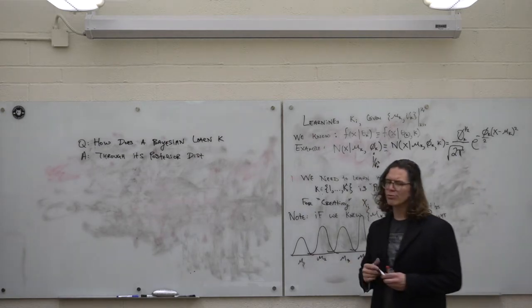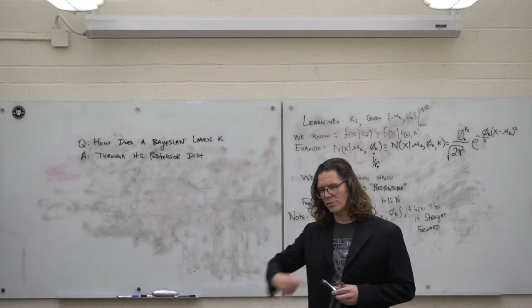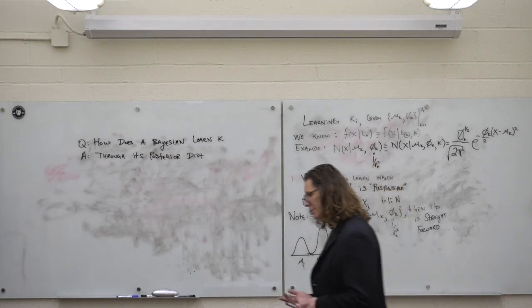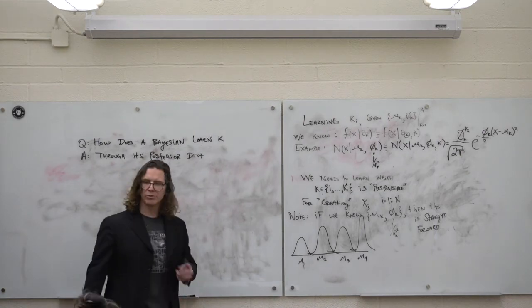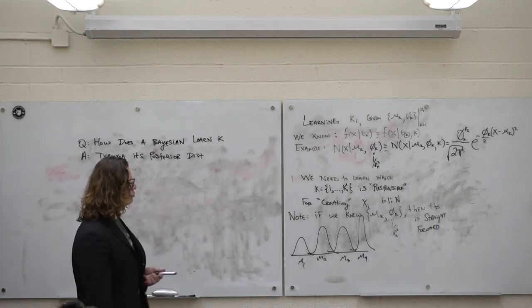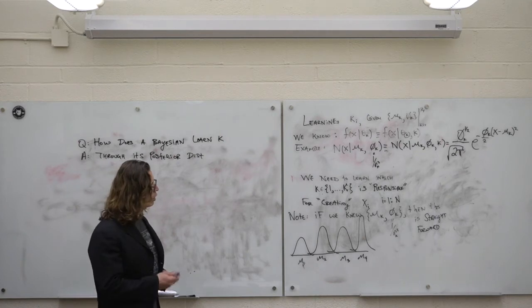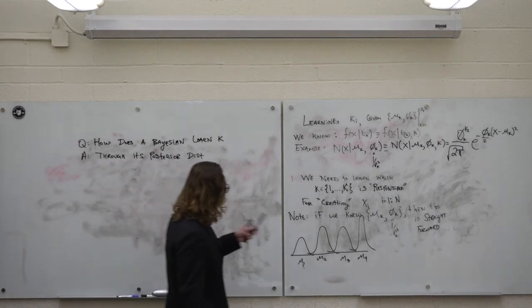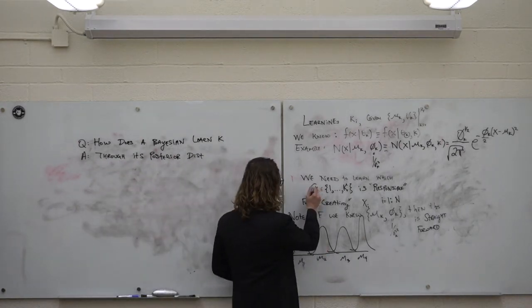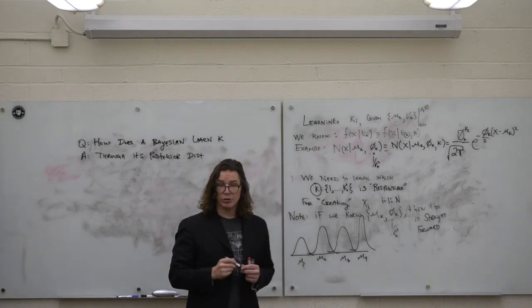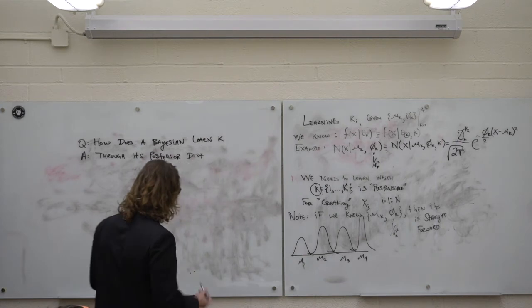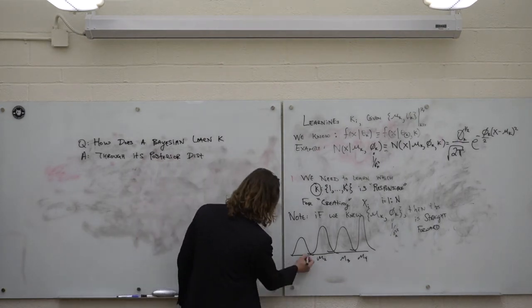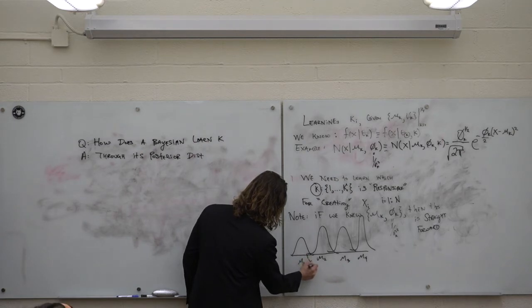If I know the mu's, then all of the x's are conditionally independent of each other, and so they don't help me to learn anything. So if I already knew what the parameters are, the data is conditionally independent. And so to learn what k is, all I need to do is use one data point, its associated data point. So let's say I saw a data point right here. Let's say that was xi.